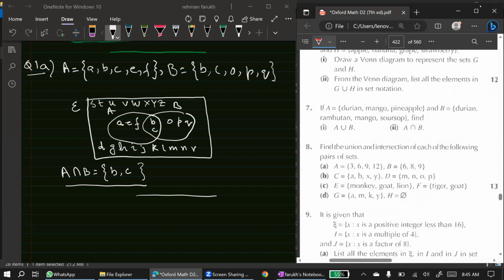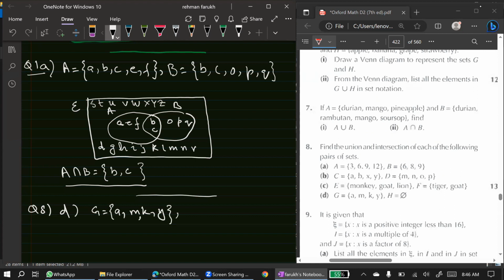Now question number 8 is find the union and the intersection of each of the following sets. It's very easy. Question number 8, D part. G is equal to A, M, K, and Y. H is equal to empty set.